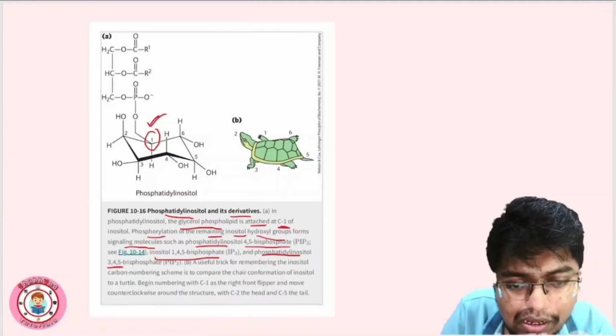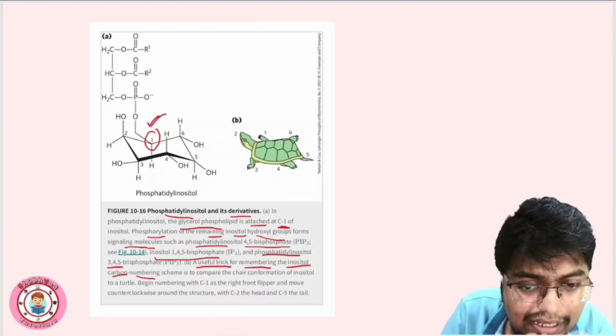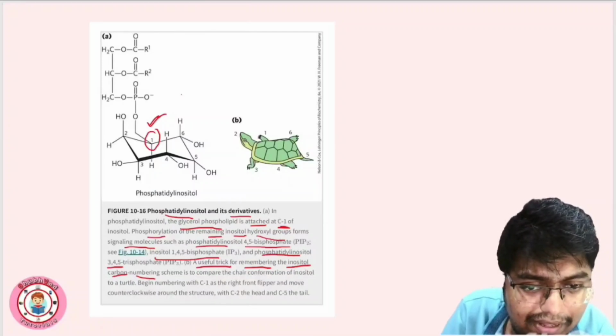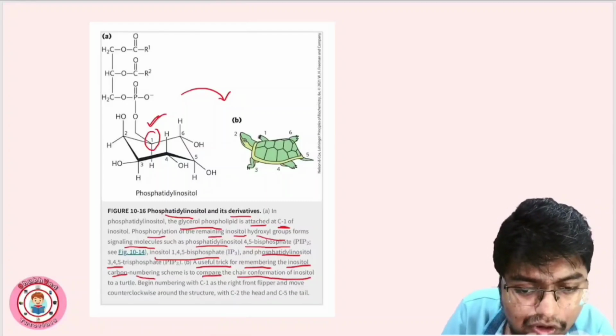Okay, a useful trick for remembering the inositol carbon numbering. मतलब आप remember कैसे कर सकते हो, by giving this similarity to the turtle. Okay, compare the chair conformation of inositol to a turtle.